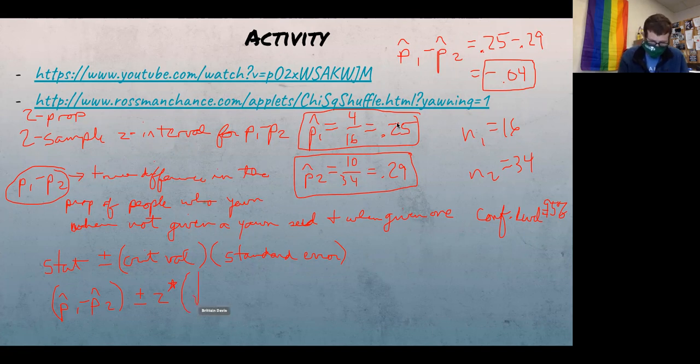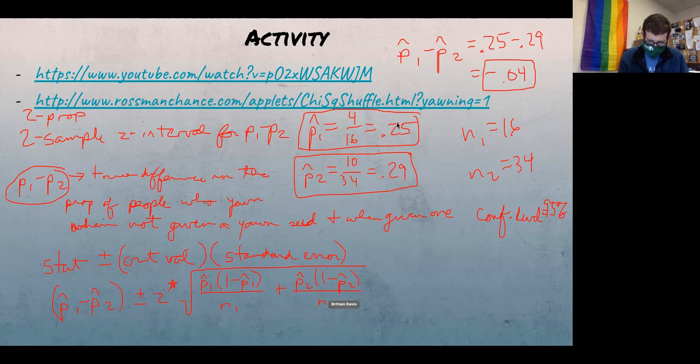So it's going to be the square root, and now I'm going to have a big formula under here. It's going to be p hat sub 1 times 1 minus p hat sub 1 divided by n sub 1 plus p hat sub 2 times 1 minus p hat sub 2 all over n sub 2.